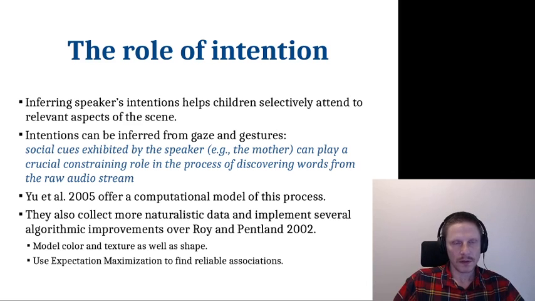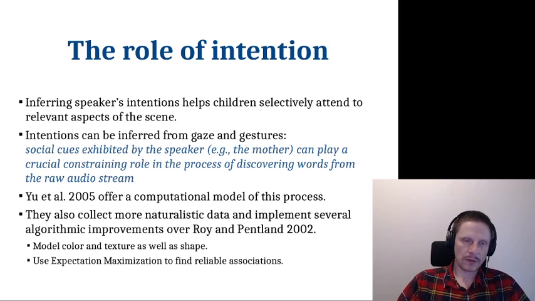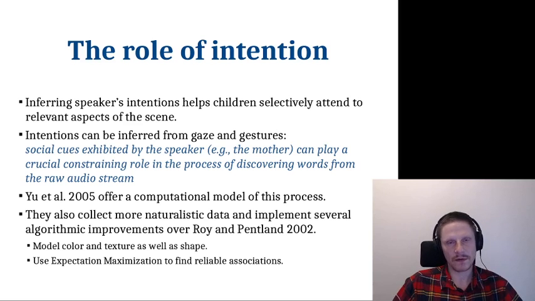And so intention is a bit of a more general thing than that, but mostly in this particular paper by Yu and colleagues from 2005, they focus on these aspects of focusing the attention of the learner on some aspect of the scene.